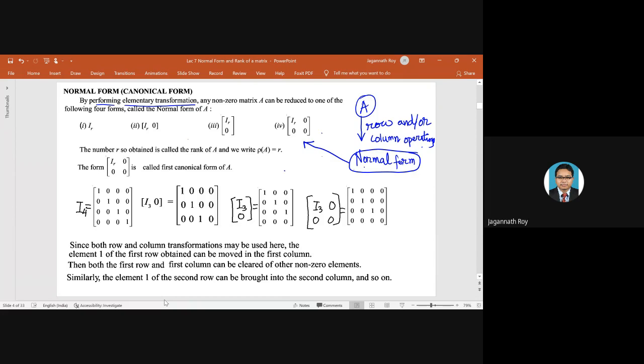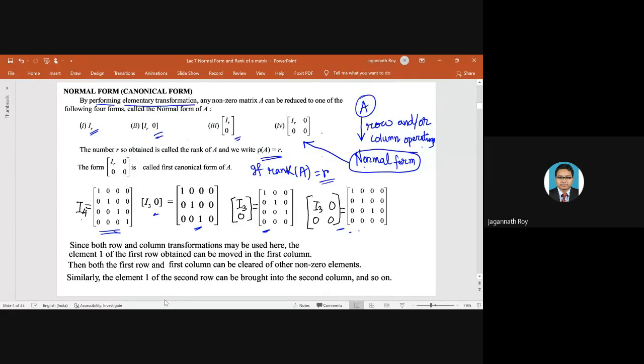Okay. So this can be written as: if the rank of A is r, then the normal form will be of this form. So this rank will be 4. Here this rank is 3. Here also the rank is 3. And this is also rank 3.